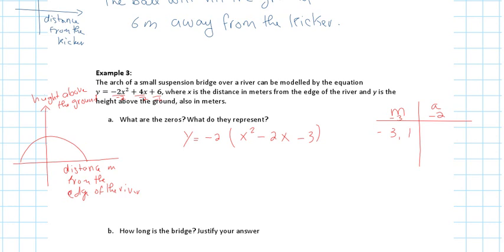Yes, perfect. So that factors to x minus 3, x plus 1. We cool with that? So what are your zeros? 3 and negative 1.